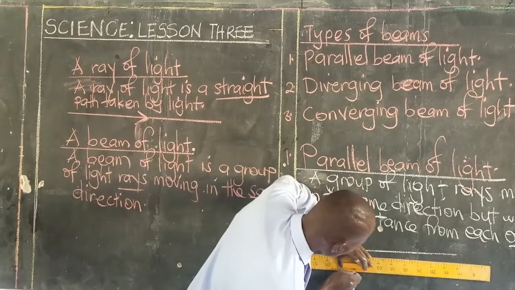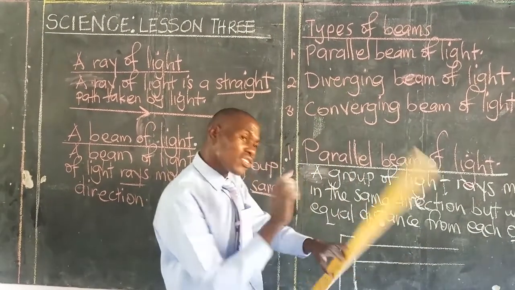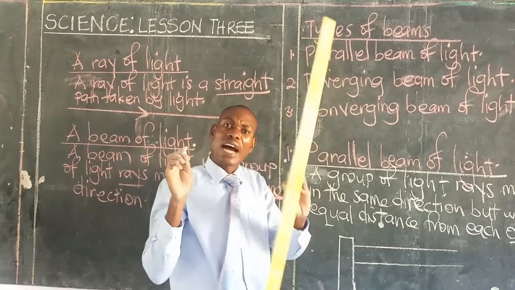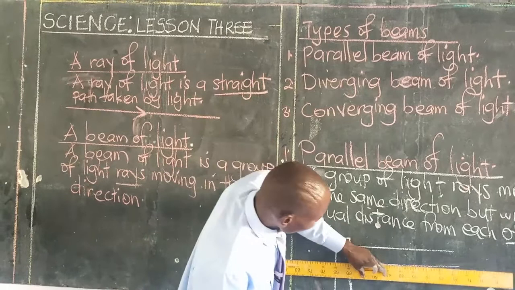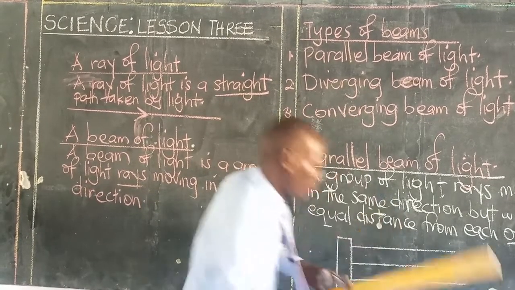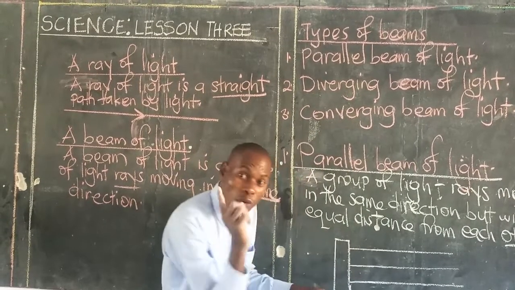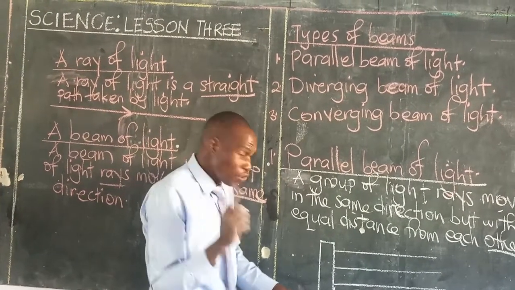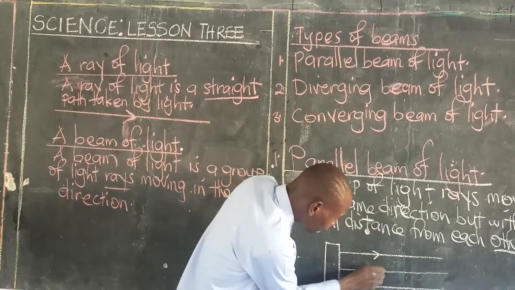in the same direction. Take note, when you are drawing this, you have to use a ruler and a pencil. The rays of light move in the same direction. And how do we show that they are moving in the same direction? Take note of that: we must include arrows.